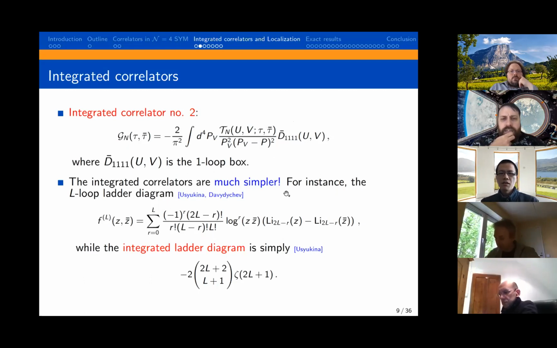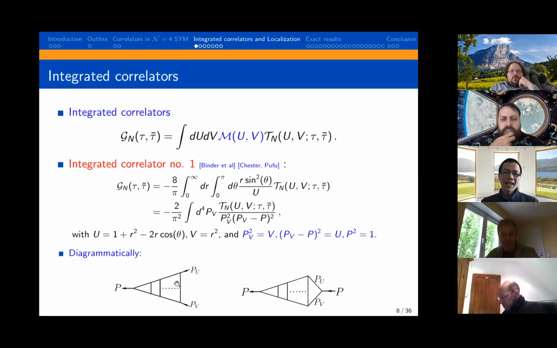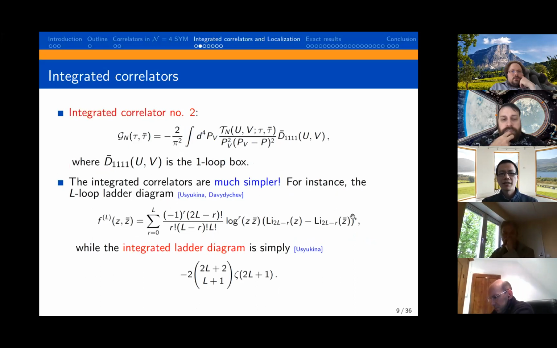So, like for this ladder diagram, in fact, the ladder diagram is part of the answer to this correlator. And in fact, at 1 loop and 2 loops, the ladder diagram basically is the answer. For the ladder diagram, the answer is famously known, given by this generalized Gröbner-Wigner function, to any loop order.